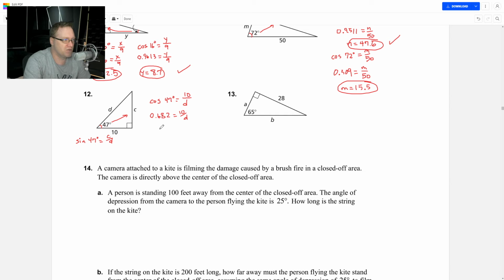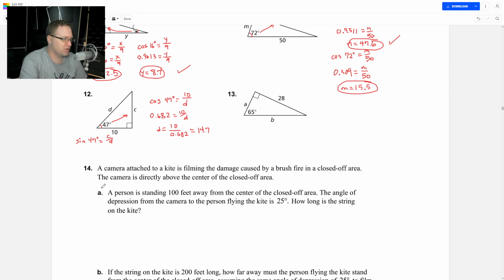So d is going to equal 10 divided by 0.682. And if we do that, 10 divided by 0.682, oh wait, I typed the wrong thing, 10. Our answer is 14.66, so it's going to be 14.7. So we know that this is 14.7.